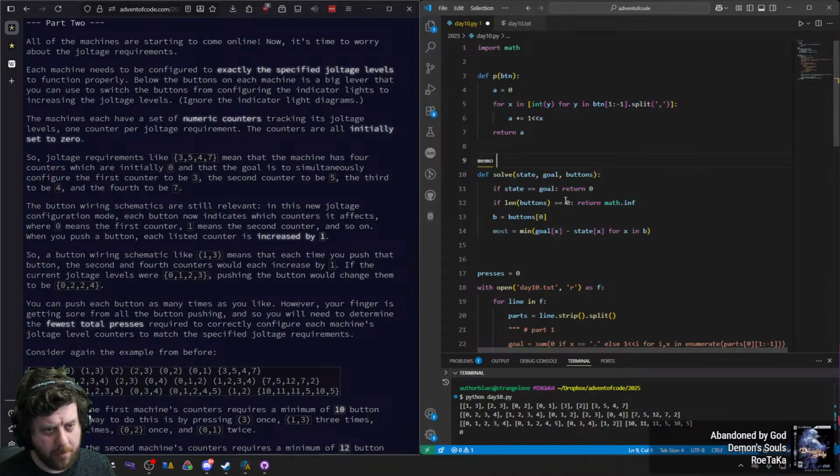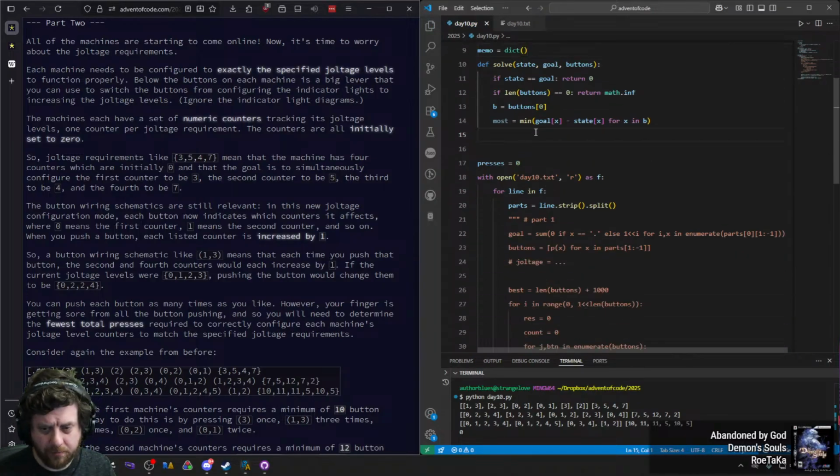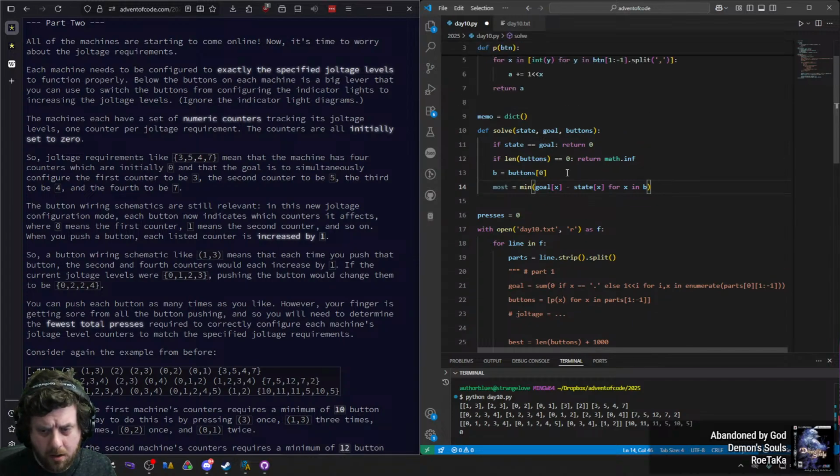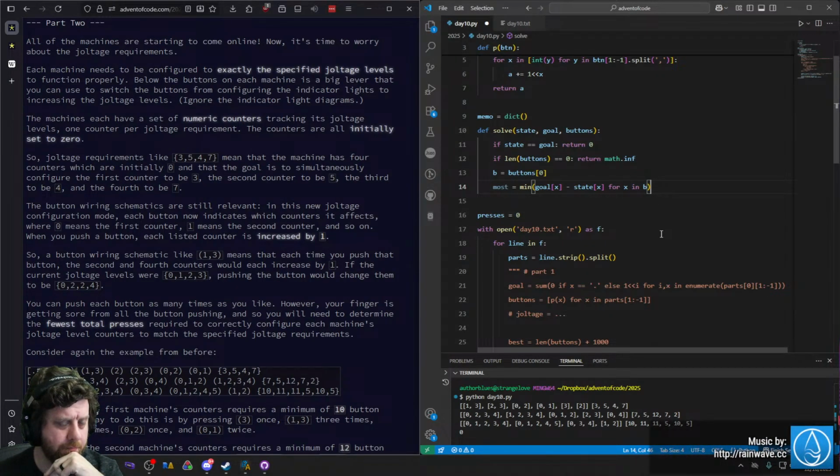I feel like I'm going to want a memo table. I'm not ready to commit to that yet, but I'm just going to write that down. So that's the most number of times I'm able to press this button.